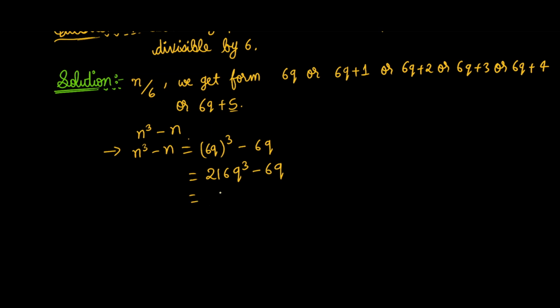So we can take 6 common. Then we will get 36 q cube minus q. So we can write r is equals to 36 q cube minus q. So 6r, which is divisible by 6.